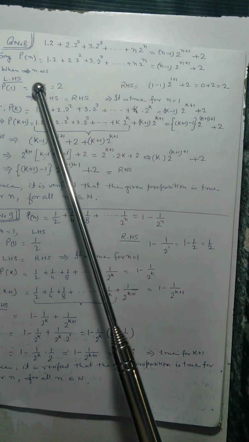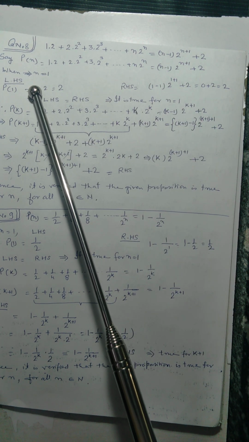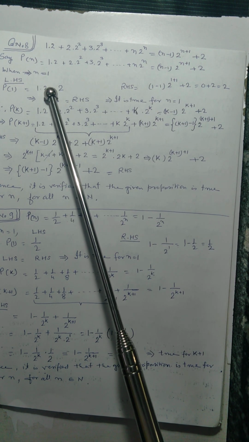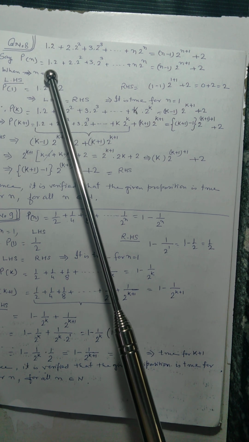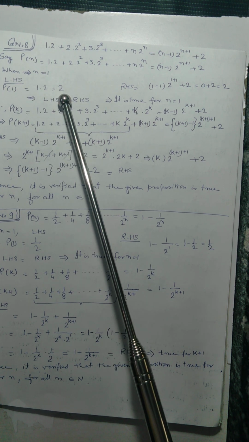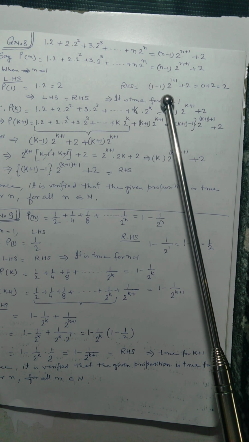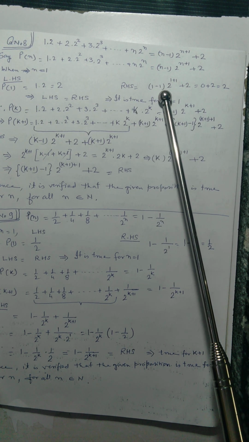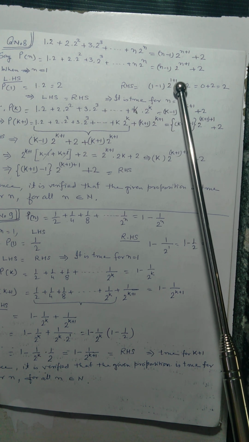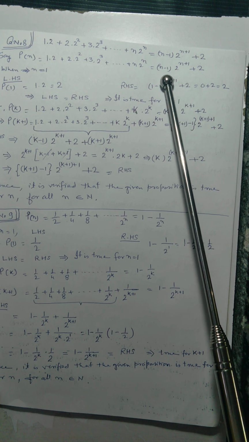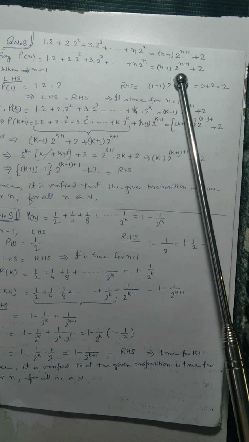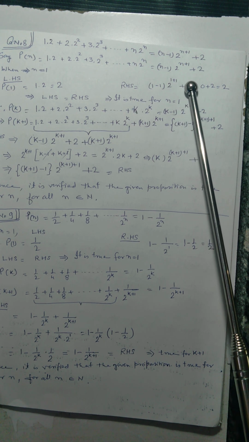First of all, let us substitute n is equal to 1. So on the left hand side what do we get? 1 into 2, that is 2. Let us substitute the value n is equal to 1 on the right hand side. So you see here (n minus 1) 2 raised to power (n plus 1) plus 2.